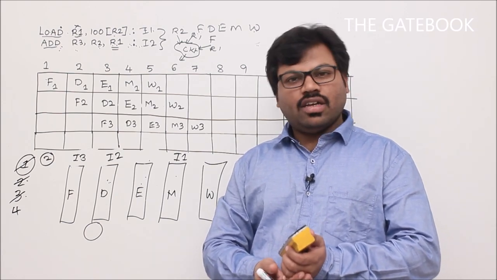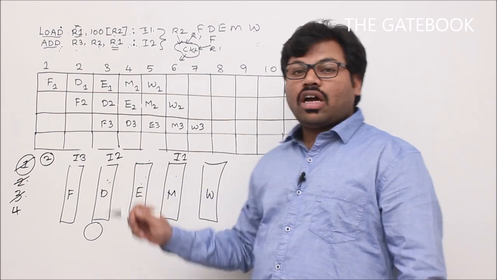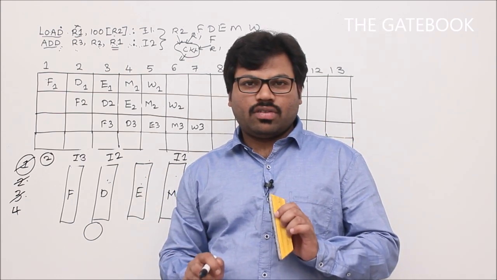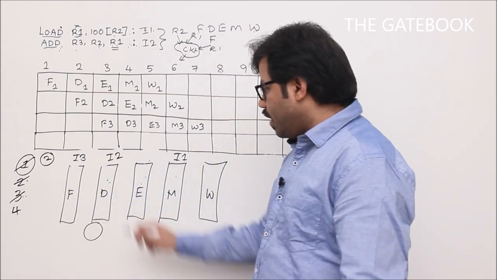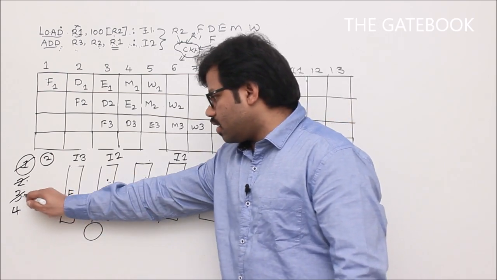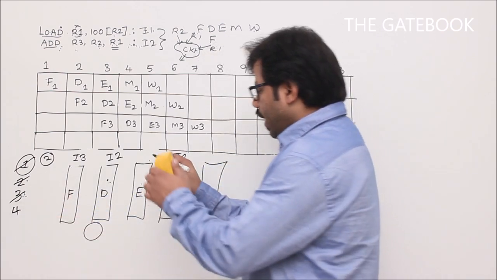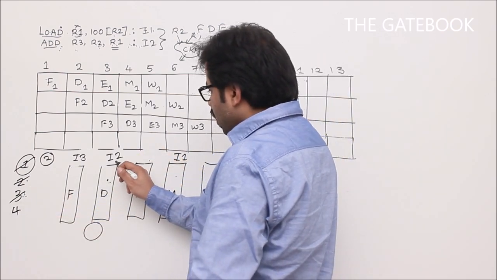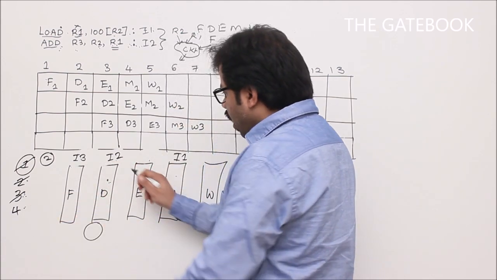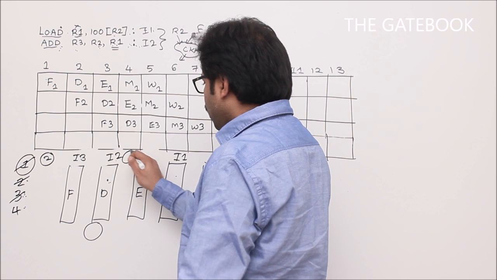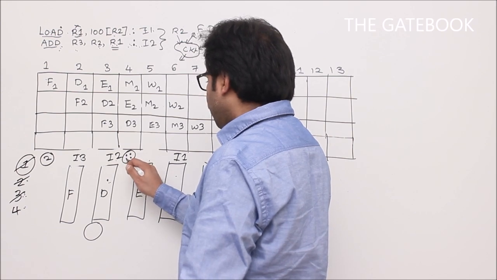That is what stalling is. What we do is disable I2's control signals. At the third clock cycle we realize that there is a dependency, so at the fourth clock cycle we send only dummy signals, not the right signals.